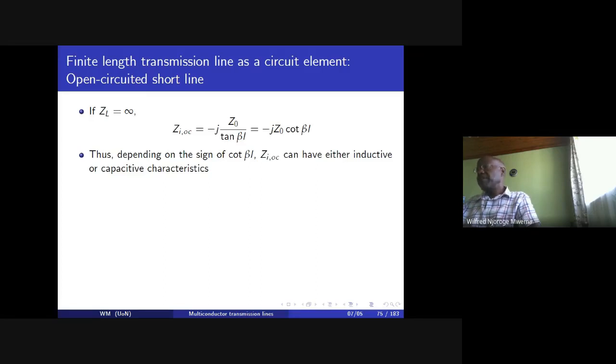That is, if cot beta L is positive, then that line section will behave as a capacitive reactance.